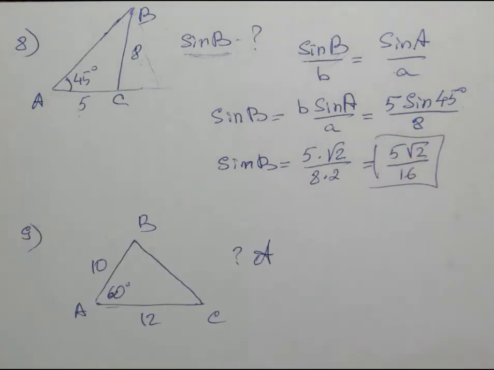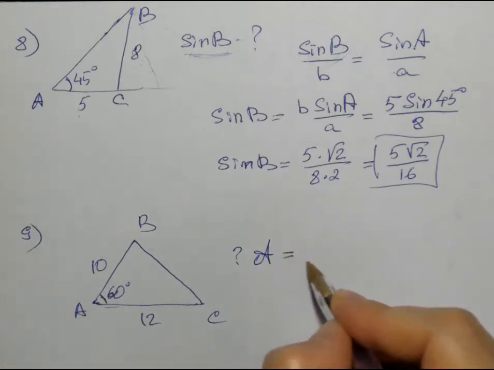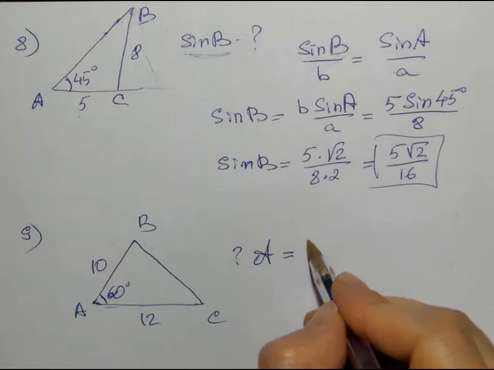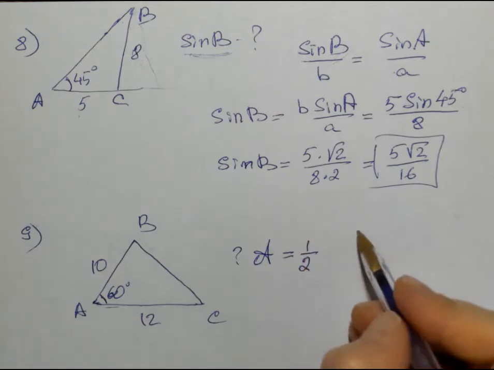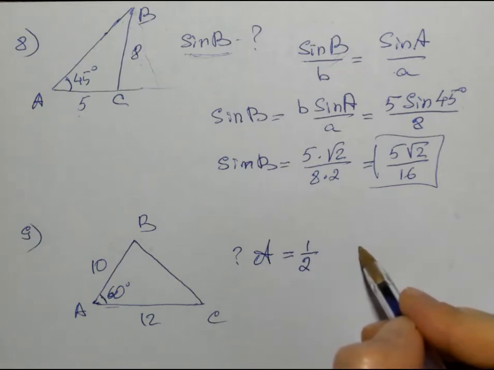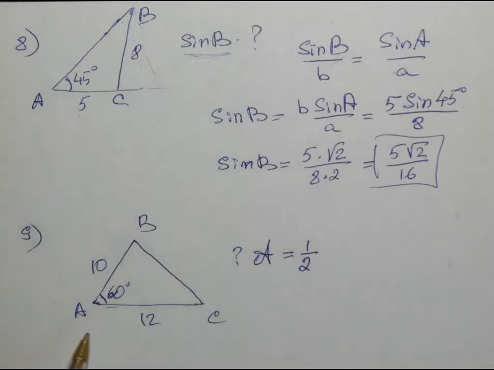In the next problem, we want to find the area of a triangle ABC. We know one angle and two sides adjacent to this angle. Then we can directly apply the formula for the area of the triangle. It is 1/2 the product of the sides that are adjacent to the angle.